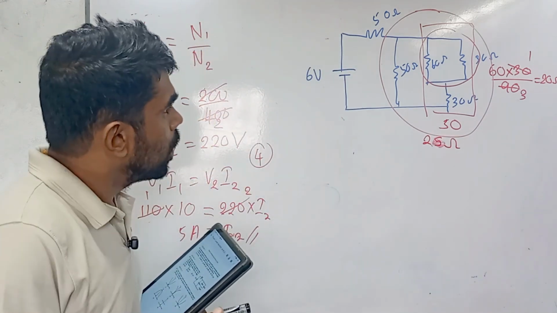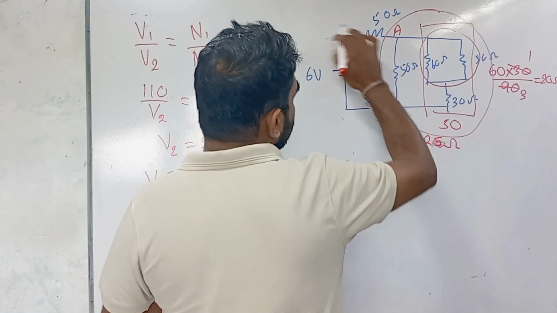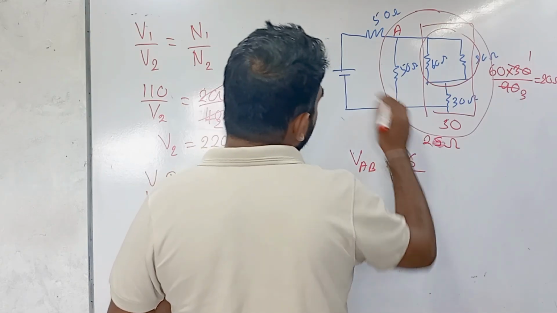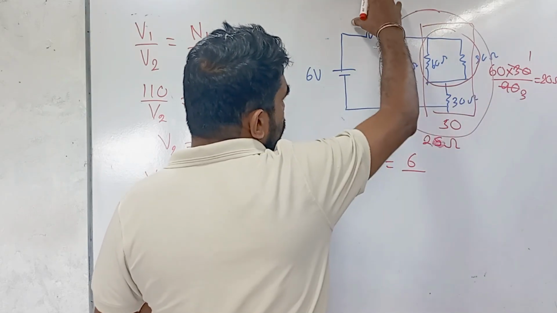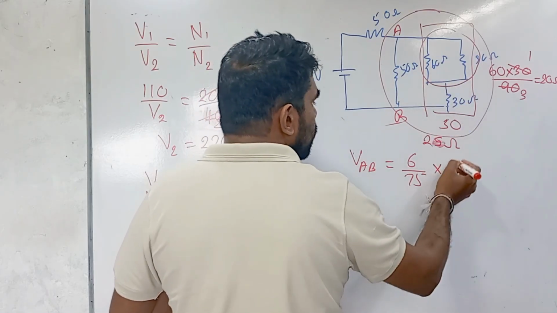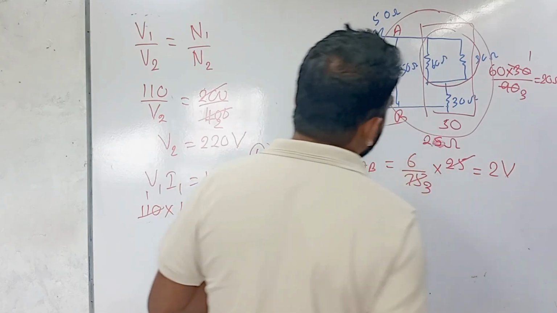Then we can find the voltage between A and B by using the potential divider method. VAB equals 6 divided by the sum of resistors, 50 plus 25, 75, multiplied by the corresponding resistance 25. Then we obtain 2 volts.